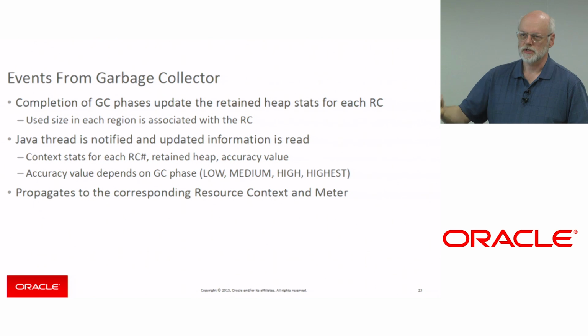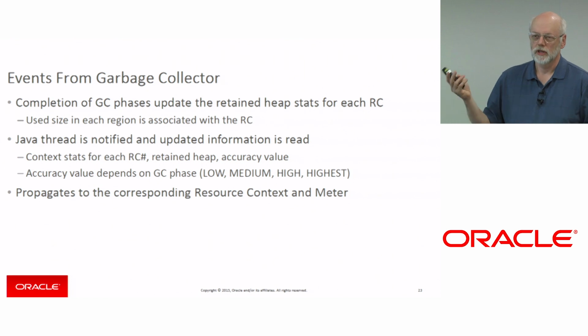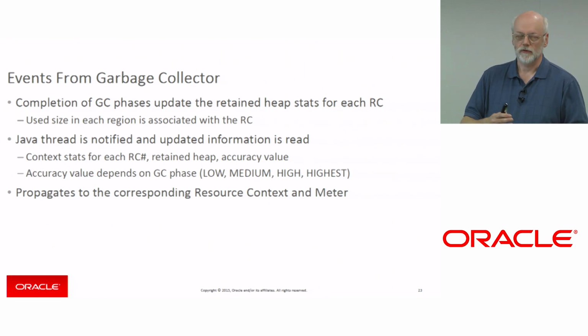As the GC phases complete, it generates events that are sent up to a Java thread that's monitoring the behavior, and it retrieves the information from the GC and passes it off to the appropriate resource context. That all is pretty straightforward. The different GC phases in G1 have different accuracies.